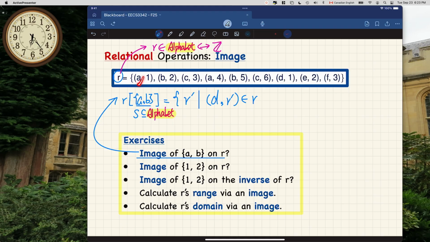So A here can be the D, 1 here can be the R prime. Or alternatively, B here can be the D, and 2 here can be the R prime, etc. Right? We consider all the pairs. What should be satisfied? Since we're calculating the image of just A and B, we want to find all those pairs where the domain value here is a member of A and B. All right? So that one there is saying D should be a member of A and B.